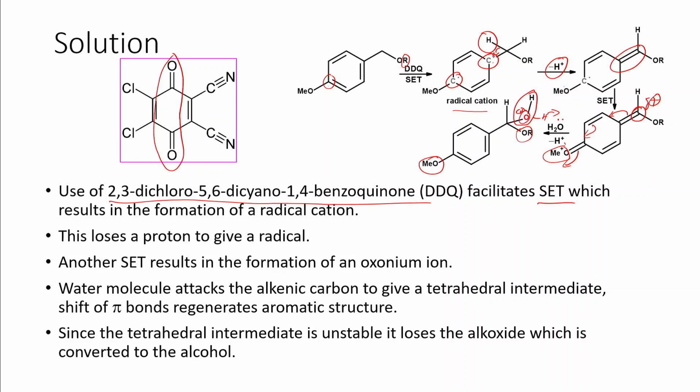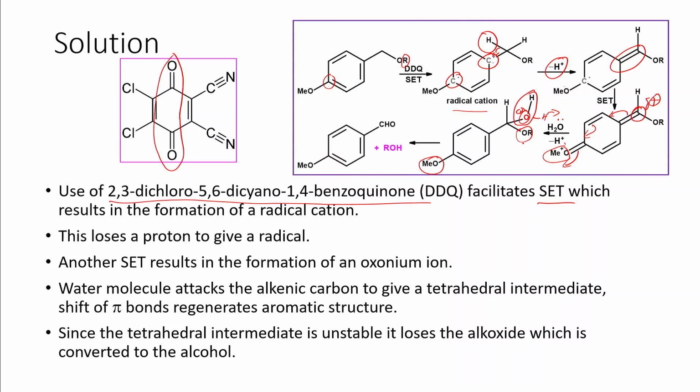So this will lose the OR group. The alkoxide anion will be lost during the charge reversal process, because one of the bonds is shifted towards here, and this will come out as the alkoxide anion.